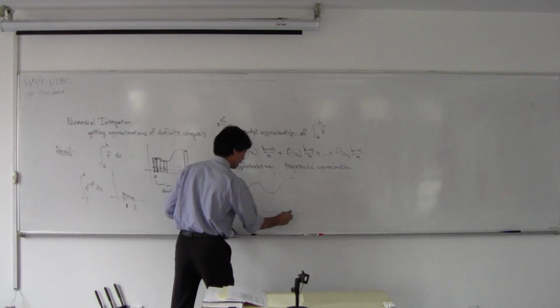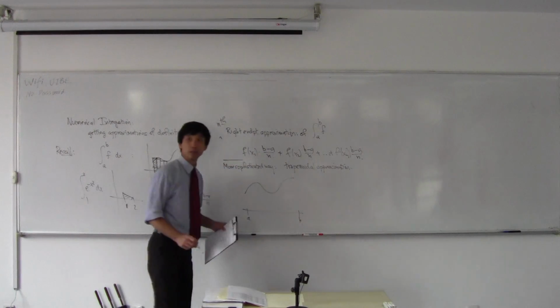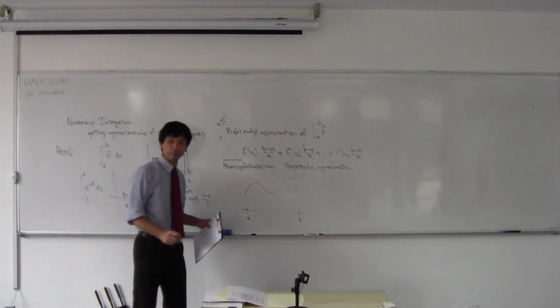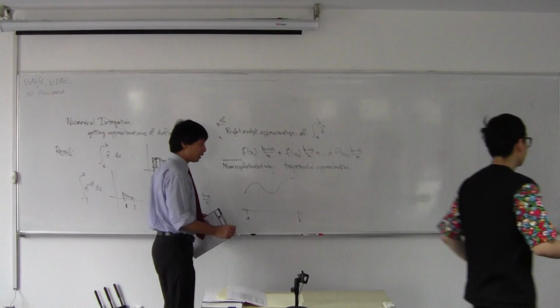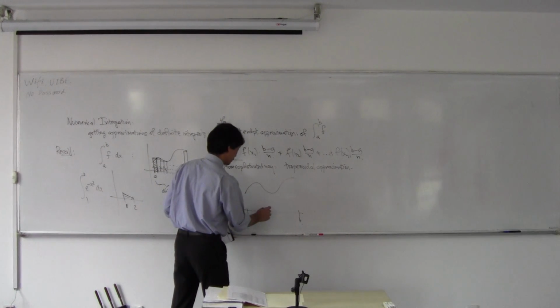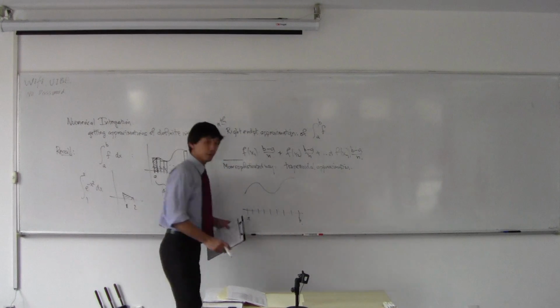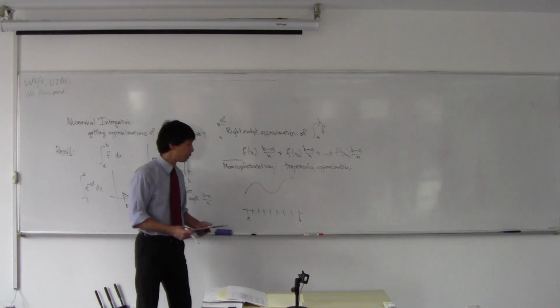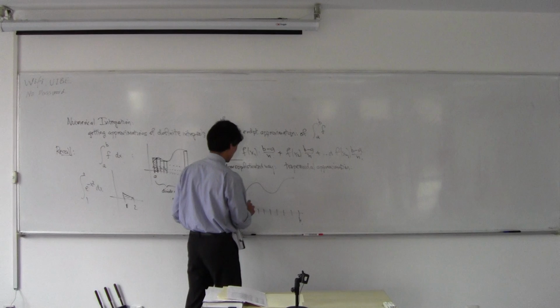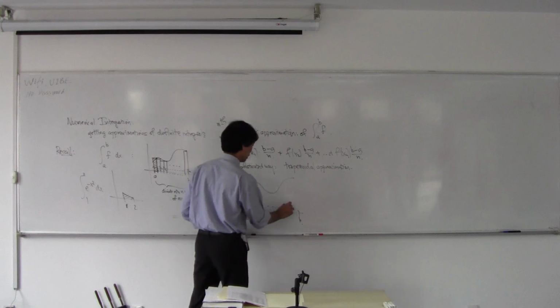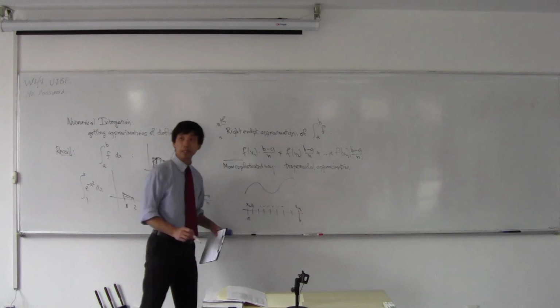You have your function, a, b, like this. And then you divide the base into n pieces, x0, x1, up to xn.